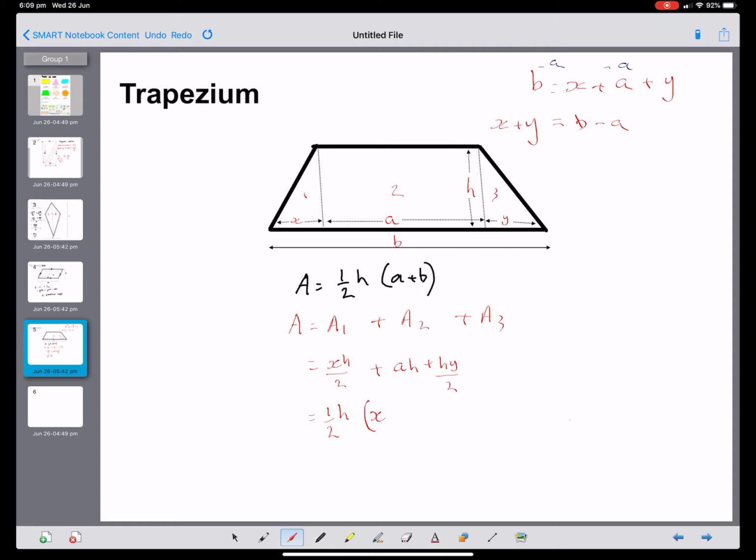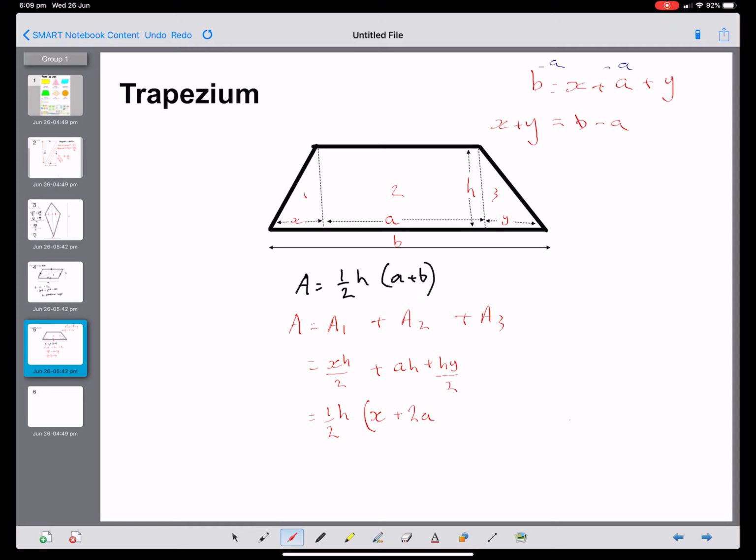We're going to have to do something a little bit fiddly here. If we take out half H, we don't have a half here, so we can insert 2A here. And if we multiply half H by 2A, we get AH.